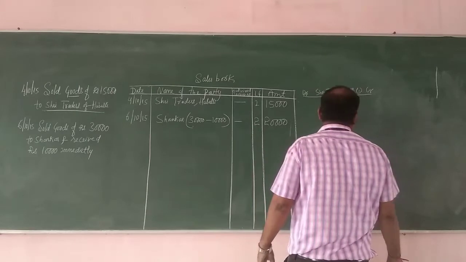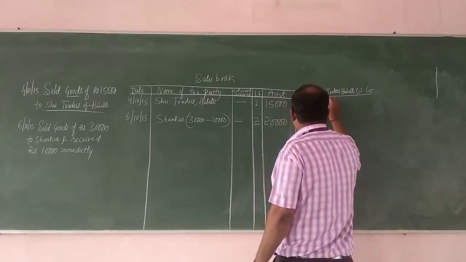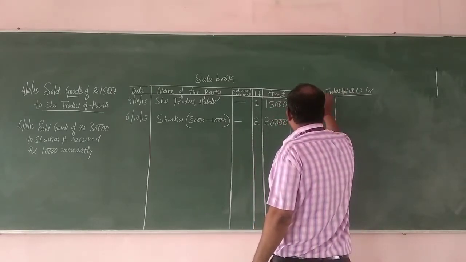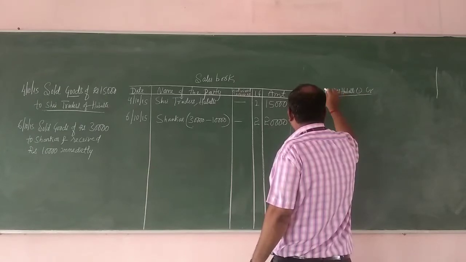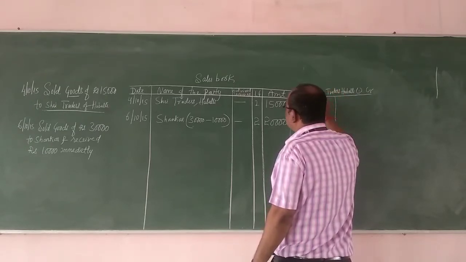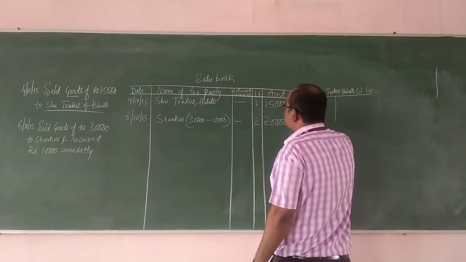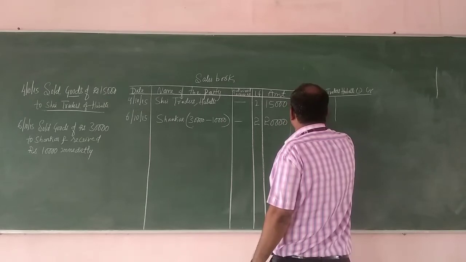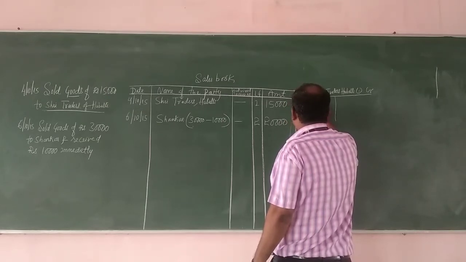So party account debit to sales account. So here he is debtor. Sorry, he is debtor. In purchase he was not creditor. So here he is supposed to give us money. So on the debit side, you will show to sales 15,000.